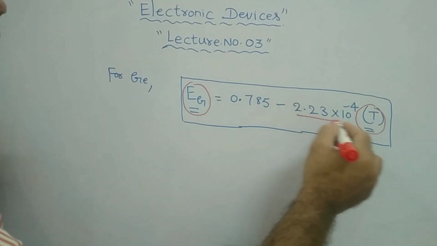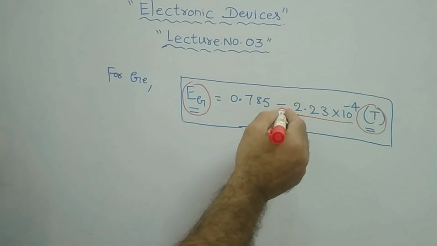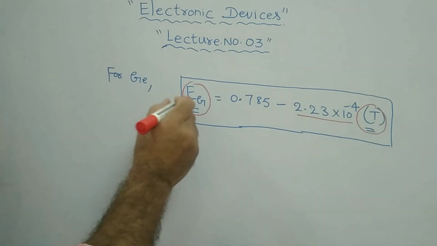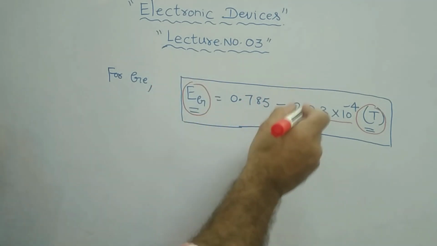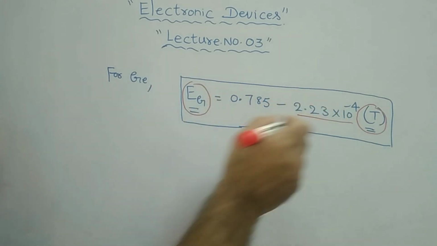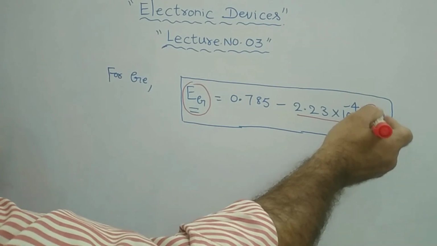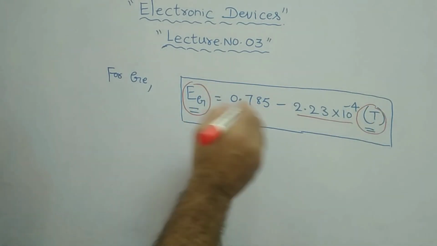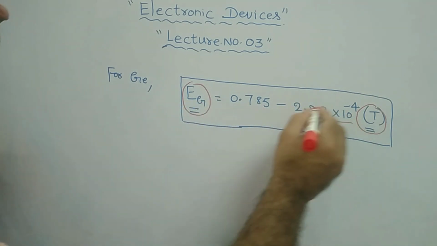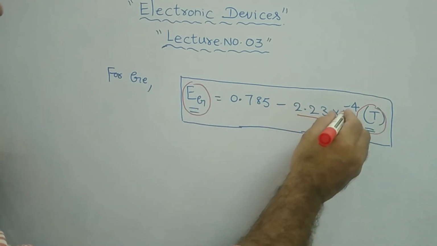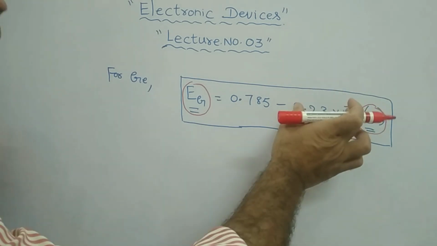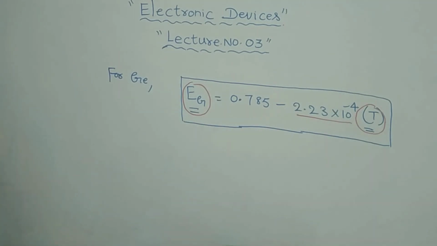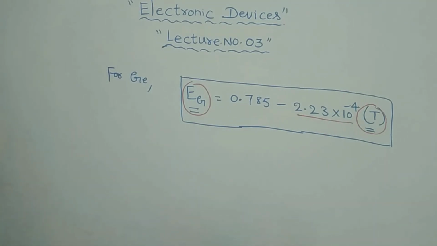So this is the factor actually. You know what this is? Minus 2.23 into 10 power minus 4. What is this? It means the energy gap will decrease. The energy gap is decreasing, no? As you increase the temperature, your energy gap will decrease. This factor, minus 2.23 10 power minus 4, indicates the rate of decrease, per electron volt per degree Kelvin.